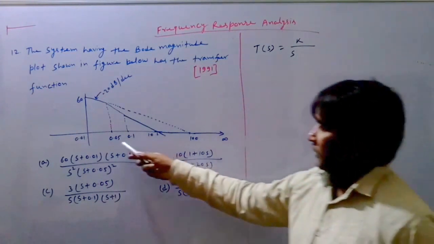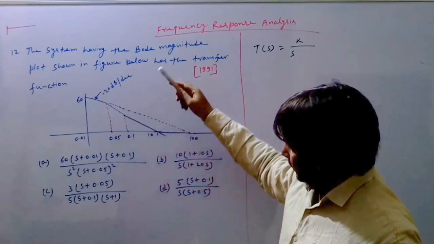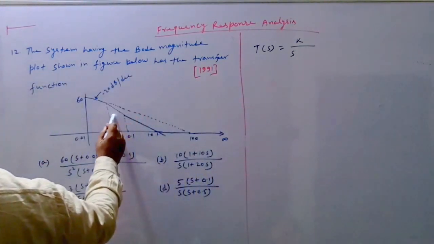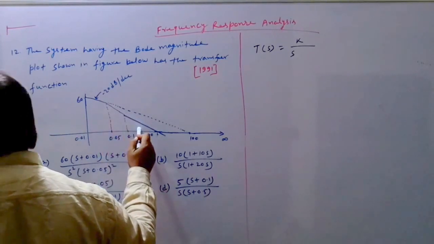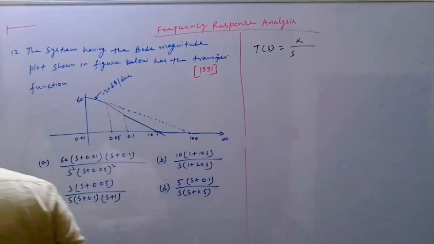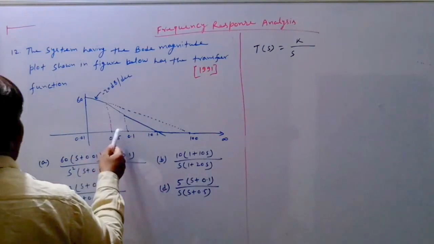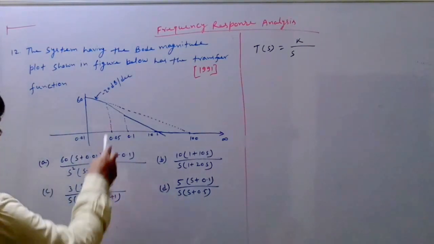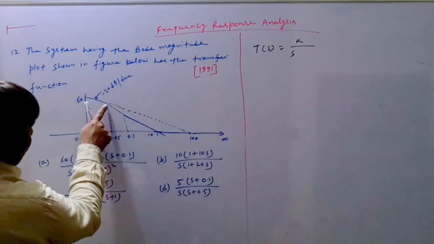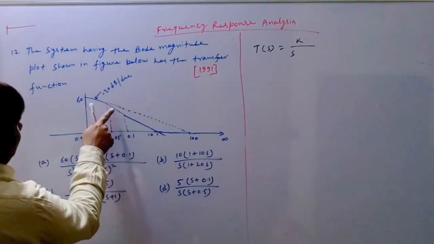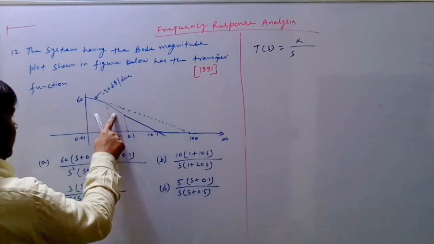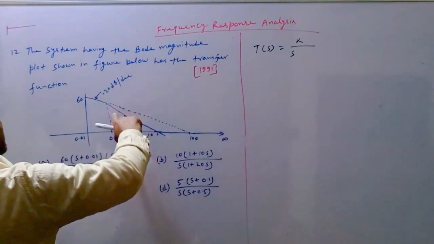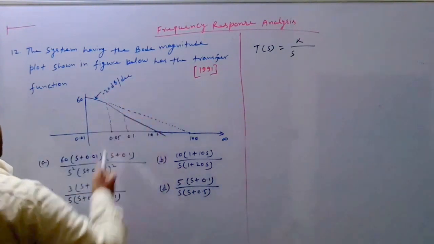Again here the slope changes and it becomes minus 40, and again it becomes minus 20. Since it goes from minus 20 to minus 40, it is decreasing.